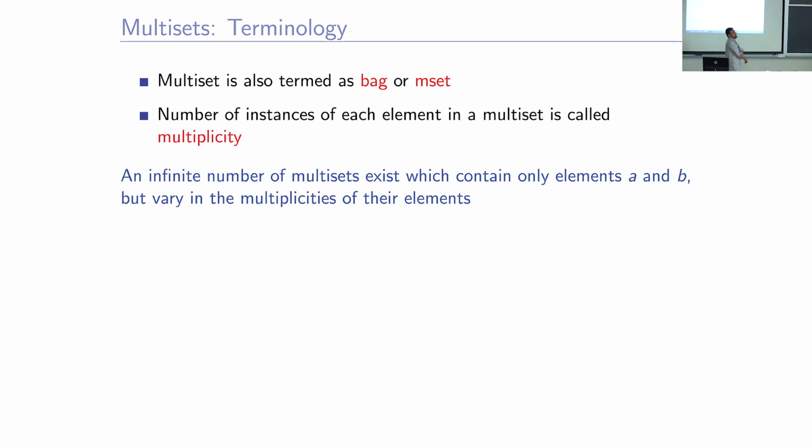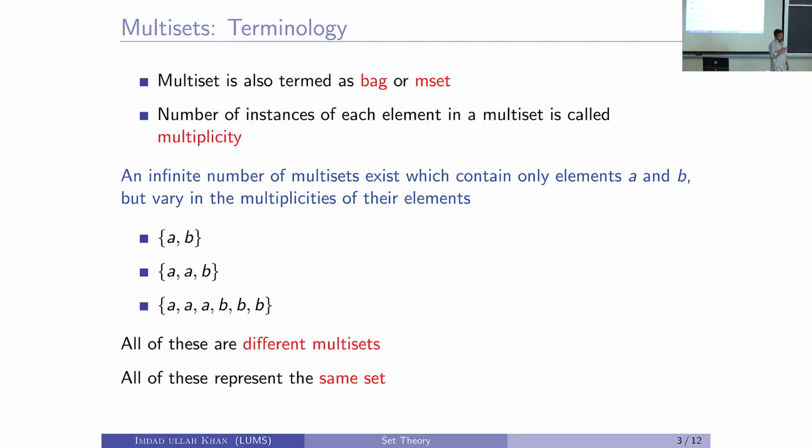The number of instances, the number of times an element is repeated is called its multiplicity or its frequency. More statistics, data science terminology is frequency, more mathematics, computational terminology is multiplicity. So just be familiar with the words and don't worry. Frequency also makes sense. How many times does it appear? How many times it is included, right?